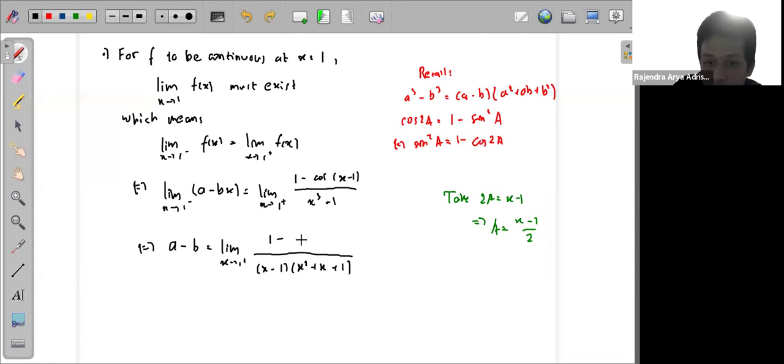So this one becomes, wait, there's something wrong here. There's a 2 there. So this one becomes 2 sine squared, and the angle is this, because it becomes a now, just a.